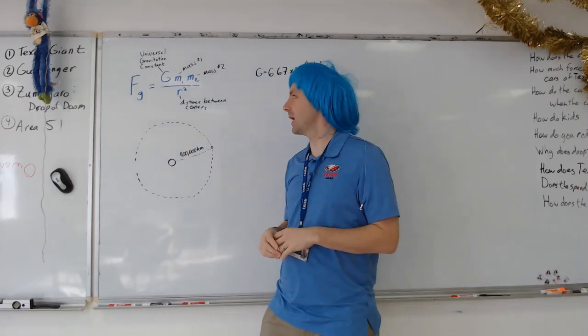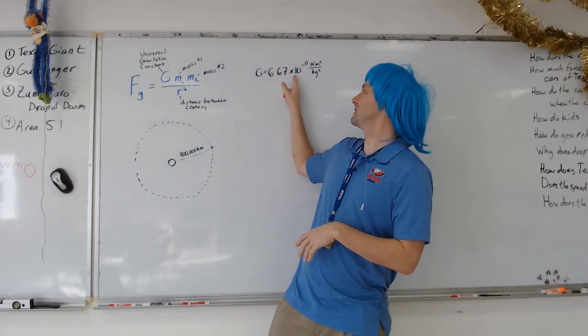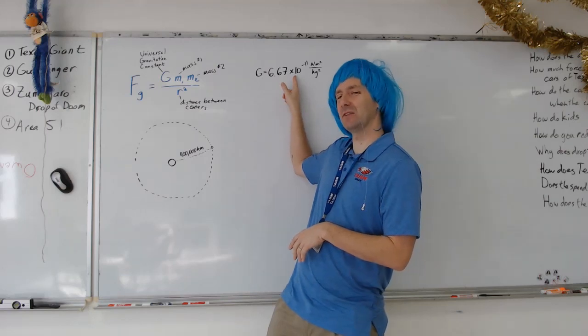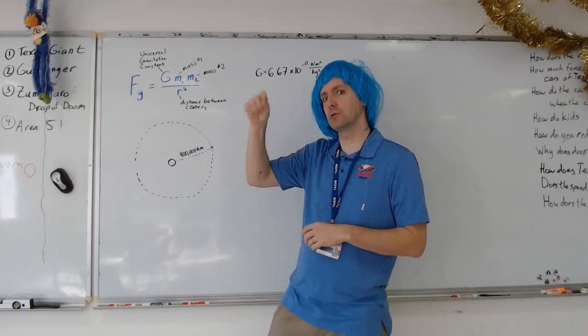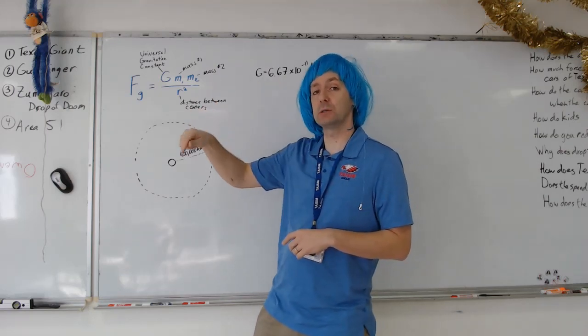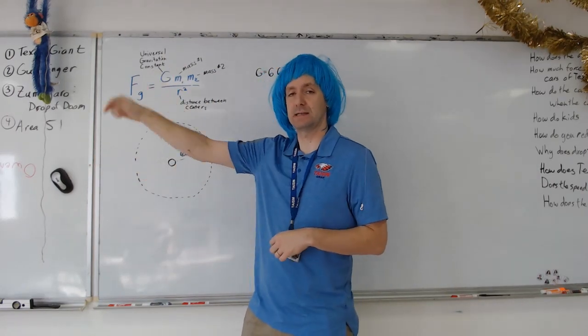Now, you may recognize that this G is 6.67 times 10 to the negative 11th. So that's 0.0000, right? You have to have a whole bunch of zeros before you finally get to that 667.